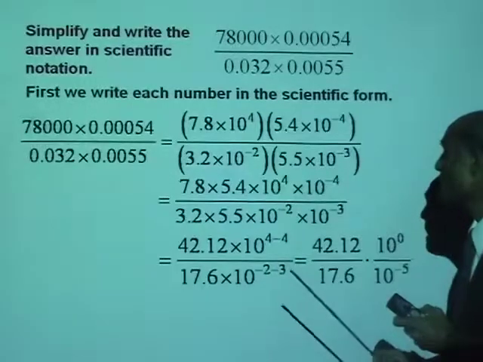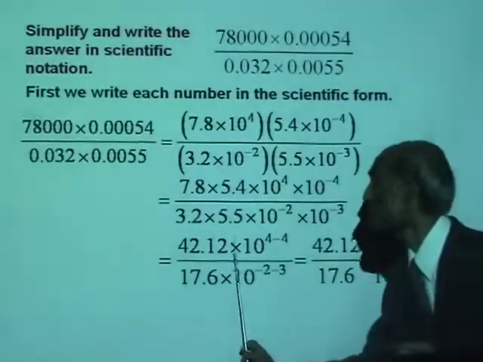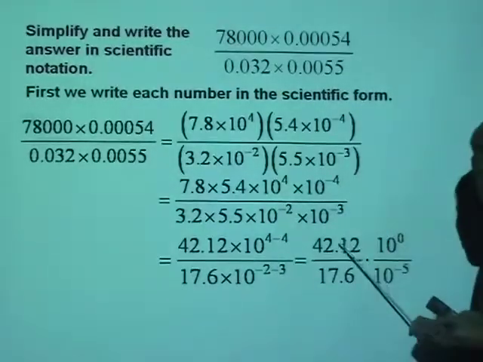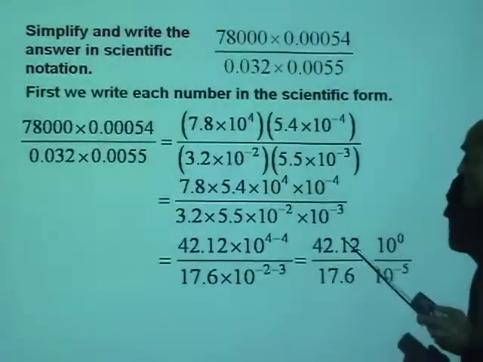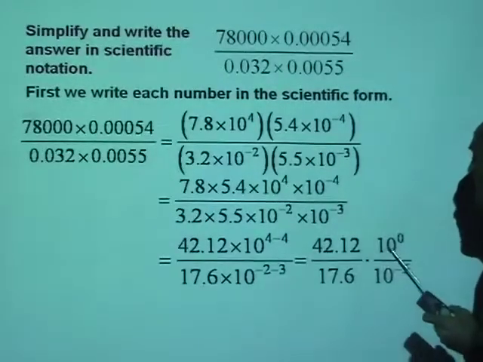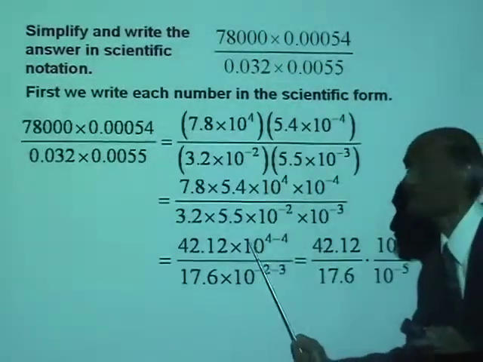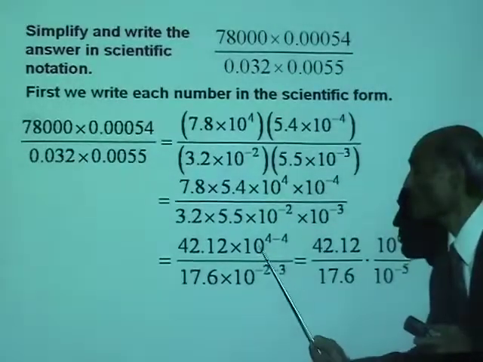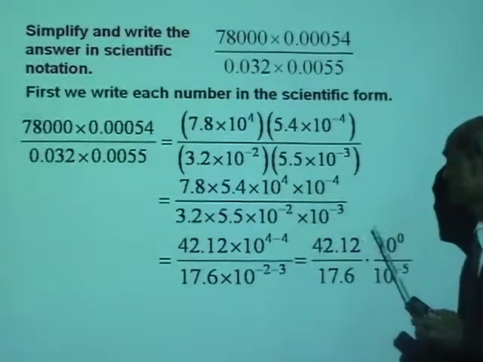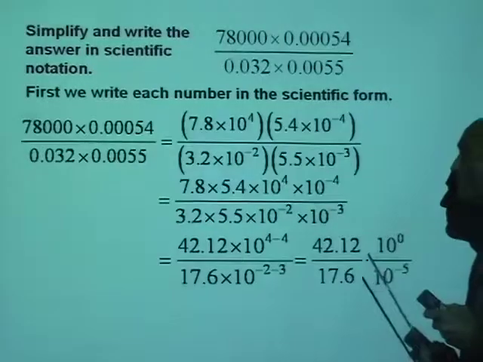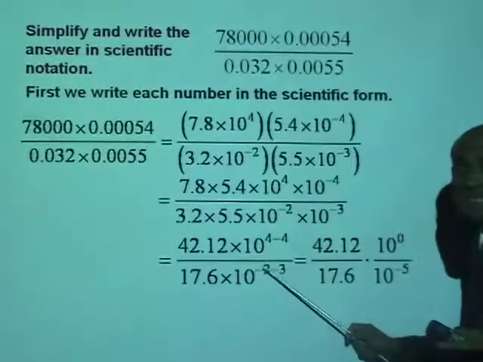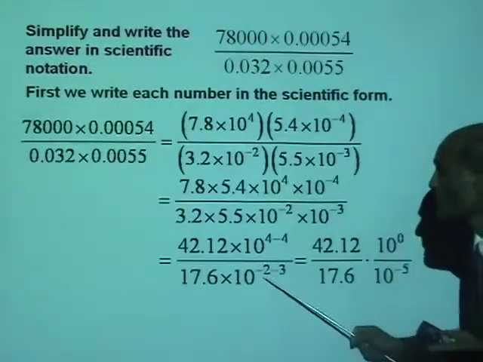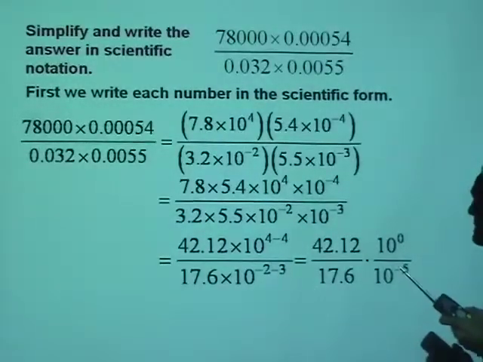Okay, what's our next step? Separate this into 2 blocks. The first block is 42.12 divided by 17.6. That's the first block. And the second block is, look at this, 10 to the power of 4 minus 4 is 10 to the power 0. And on the denominator, 10 to the power of negative 2 minus 3 is 10 to the power of negative 5.